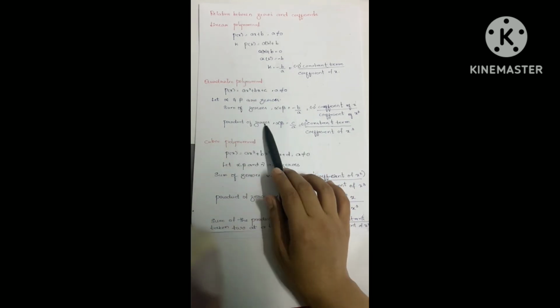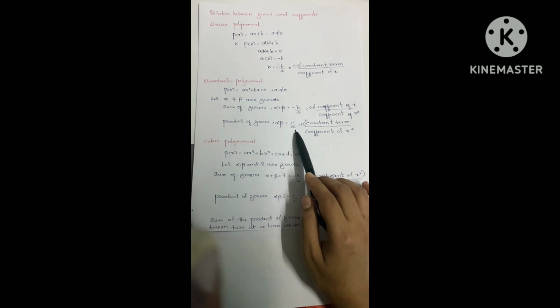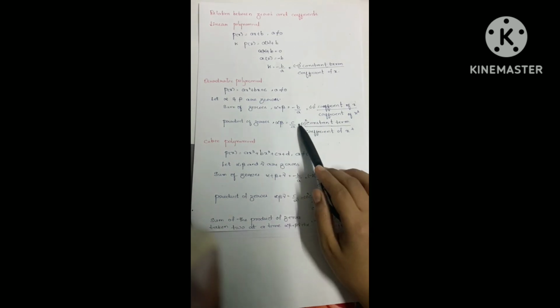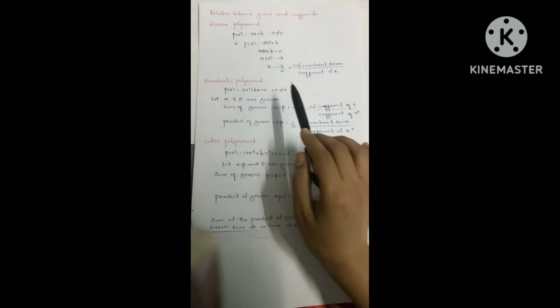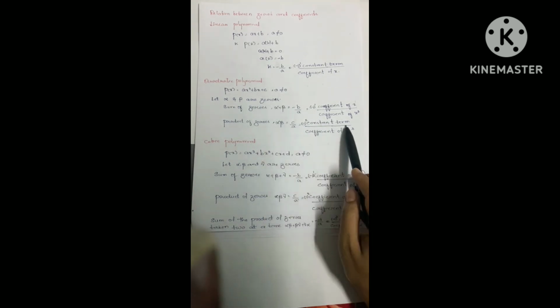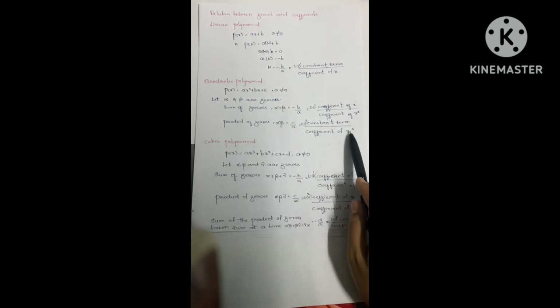Next, product of zeros, alpha beta is equal to c by a, which is equal to minus 1 whole square into the constant term c, divided by a, the coefficient of x square.